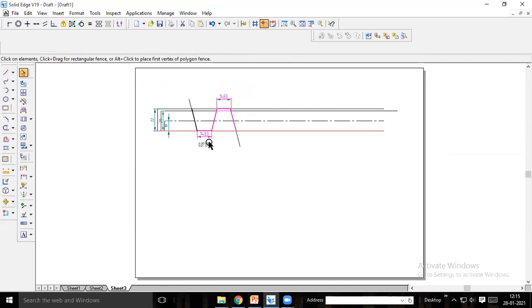You can copy and paste it, as you did in BSW thread, for the external thread and rotate it. So now I will copy this, move from this point and place it here like this. You will get multiple profiles. So this is the internal thread. When you are drawing the internal thread, the internal space should be hollow.